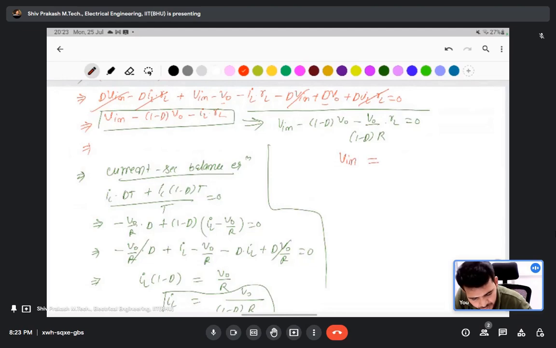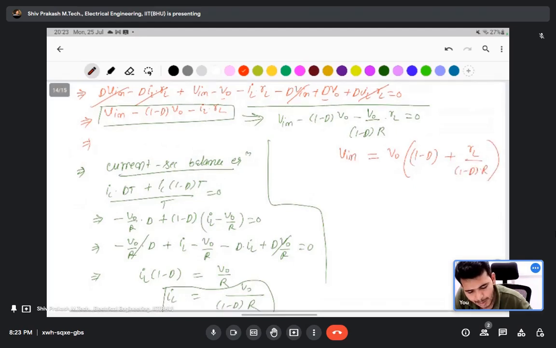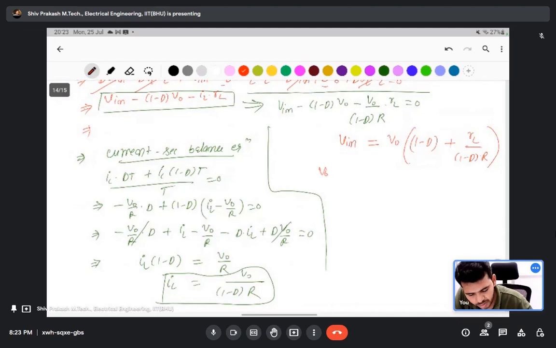V in is equal to V naught, taking common 1 minus D, plus RL divided by 1 minus D into R. Voltage gain: you have to find the voltage gain. Voltage gain means V naught divided by V in.